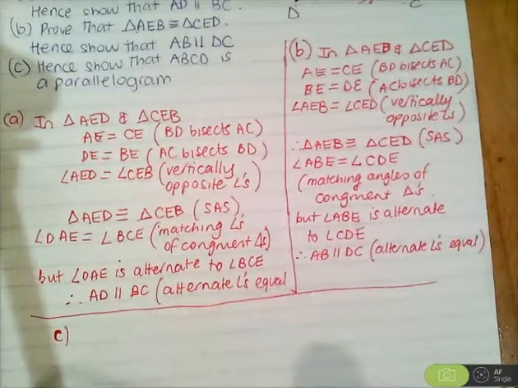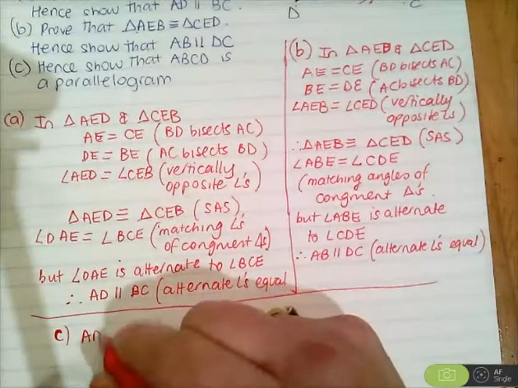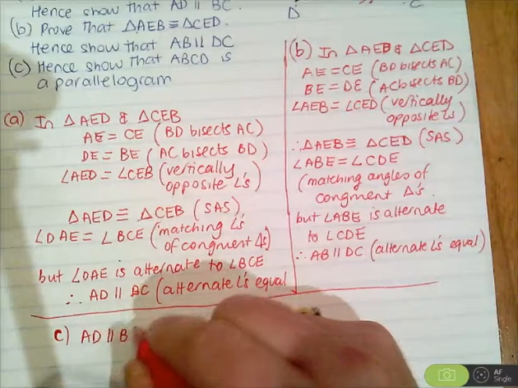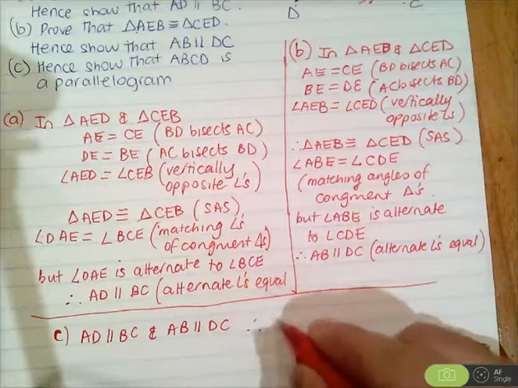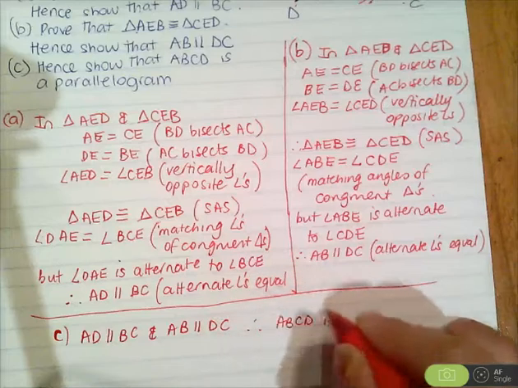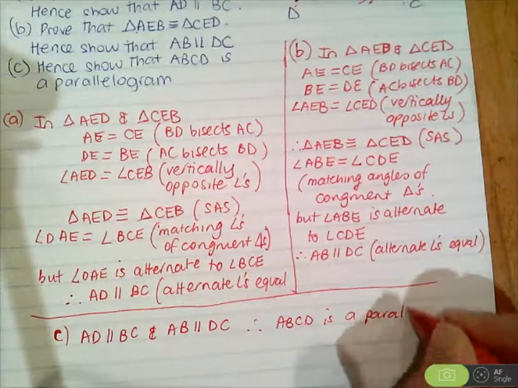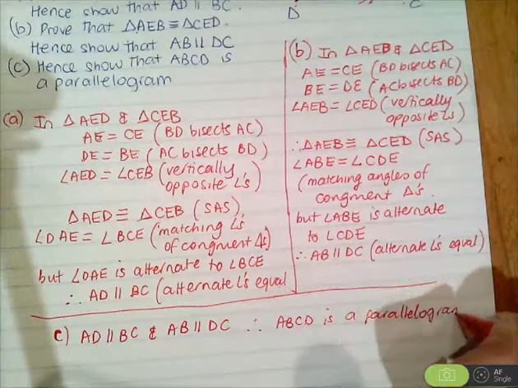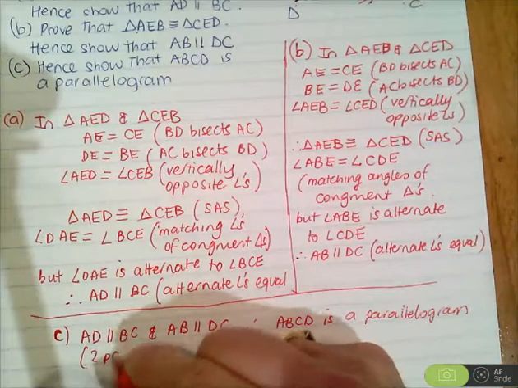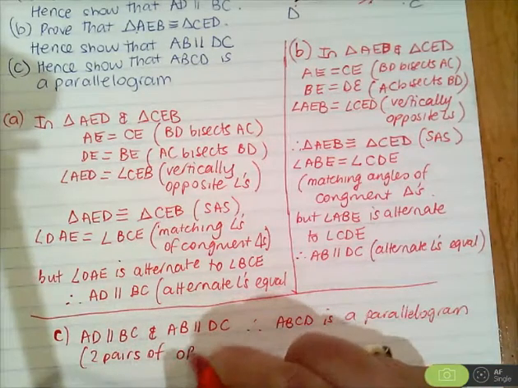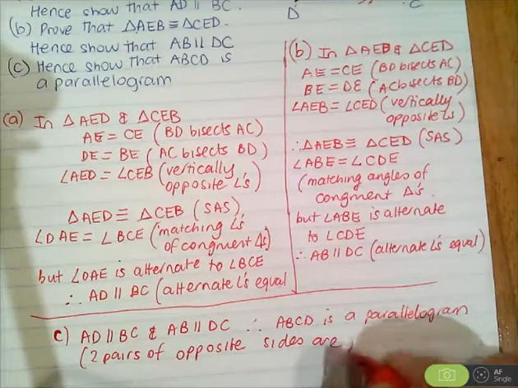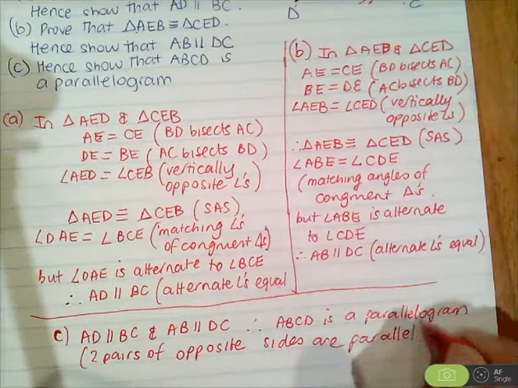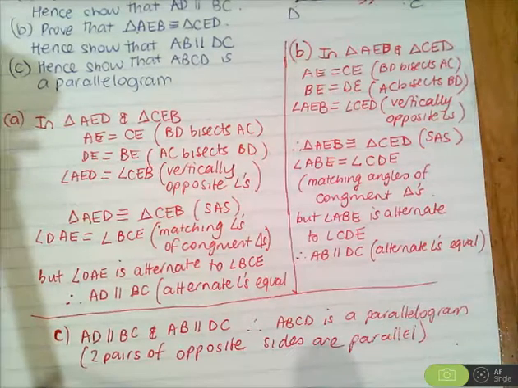We know that AD is parallel to BC and AB is parallel to DC. Therefore, ABCD is a parallelogram because the definition of a parallelogram is that two pairs of opposite sides are parallel. Okay, and that's the end of question 13.